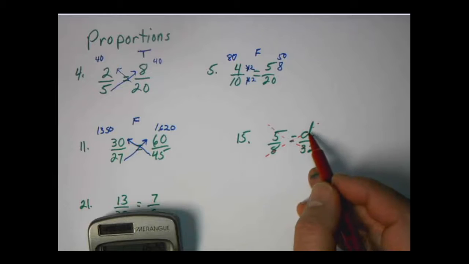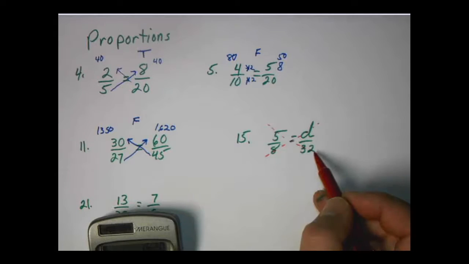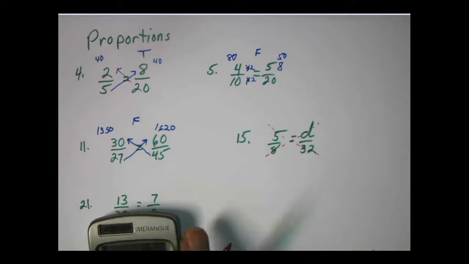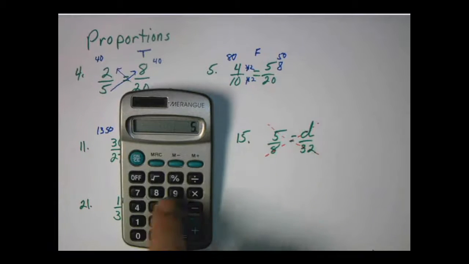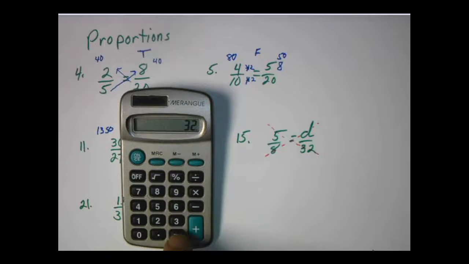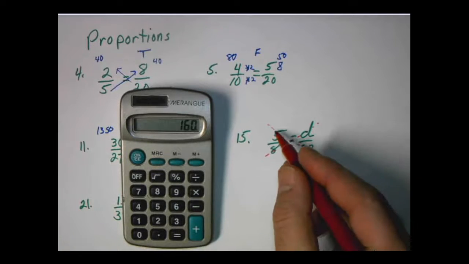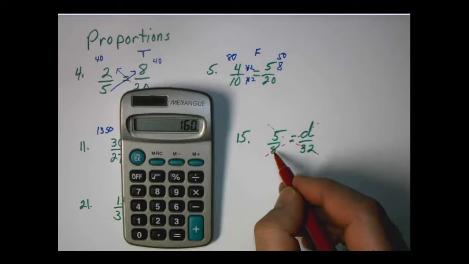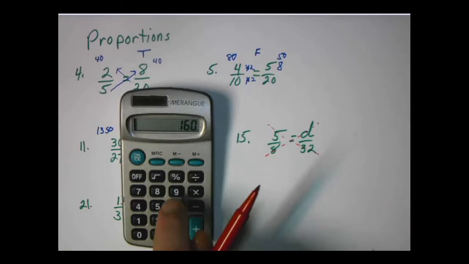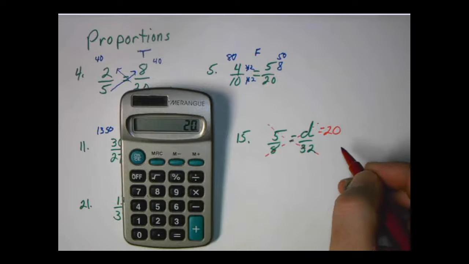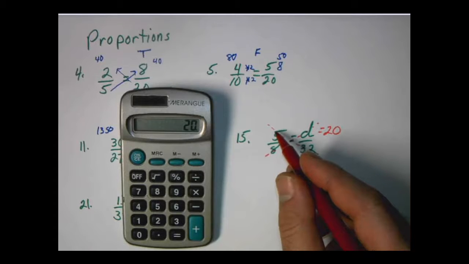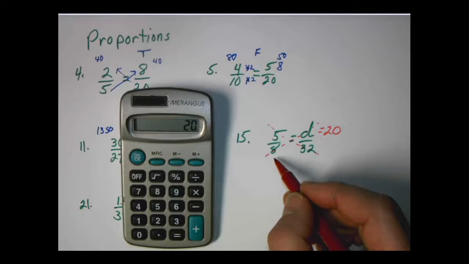He doesn't have a partner, he has a variable. The ones that have 2 numbers, wherever they are in the problem, we're going to multiply. So we're going to have 5 times 32, and hit equals. We cross multiply the 2 we have, and divide by the odd guy out. Our answer is 20. So it's cross multiply and divide by the odd guy out.